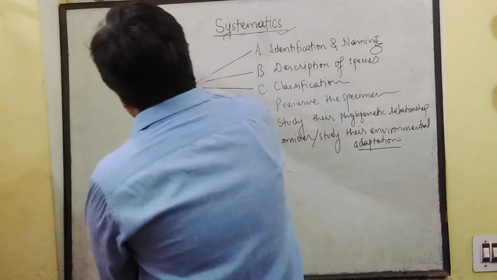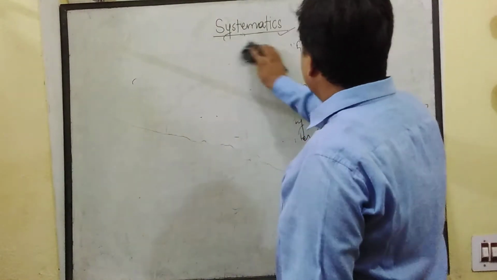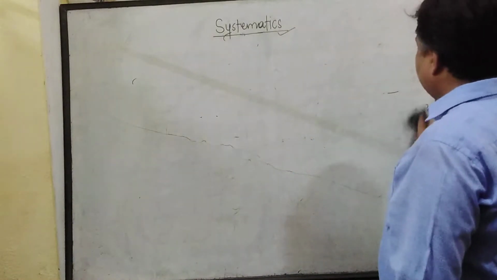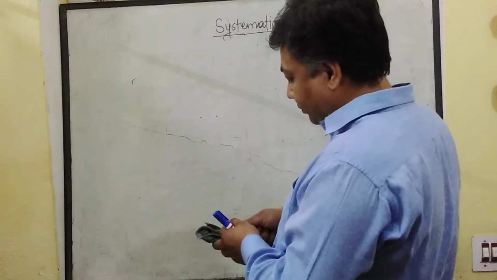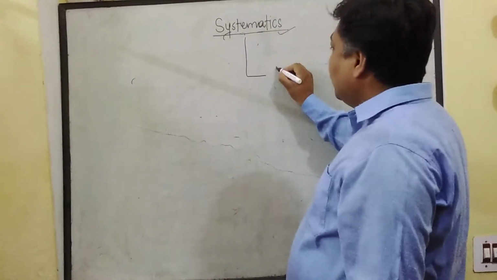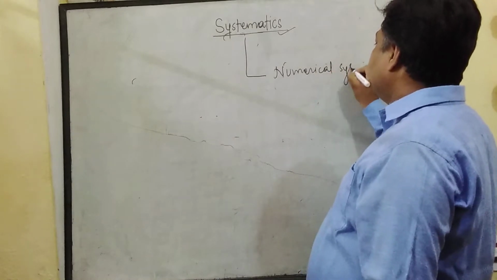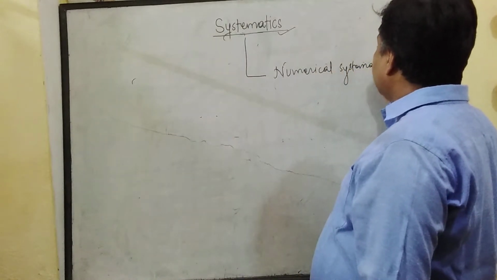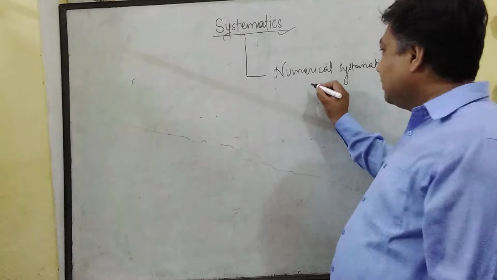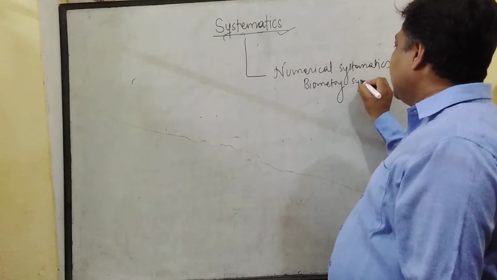These are numerical systematics. This is also known as biometry systematics.